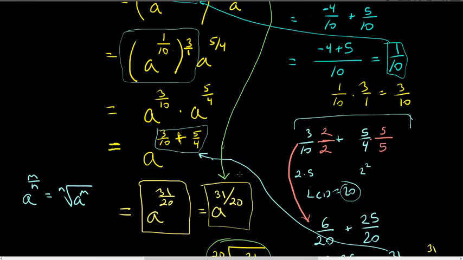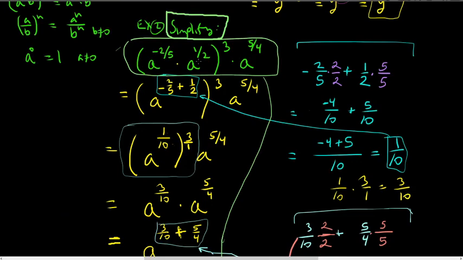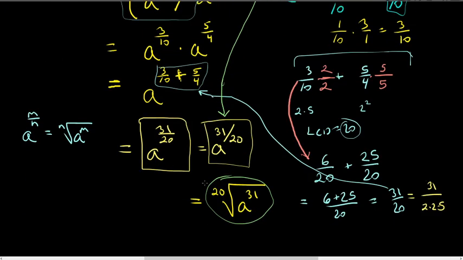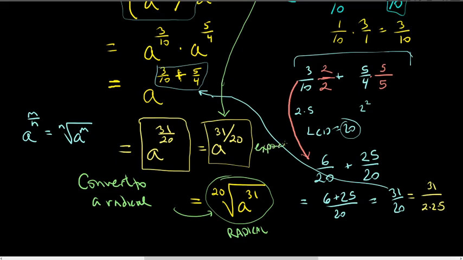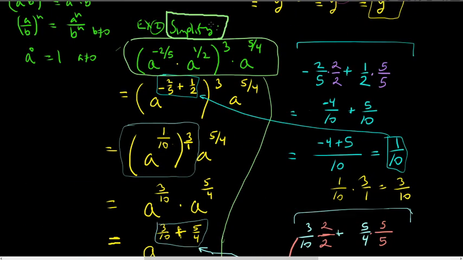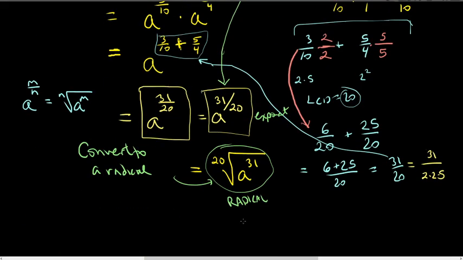This has an exponent because these had exponents. The question did not say to convert to a radical. If it did, then this would be your answer because this is in radical form. This is in exponent form. Because the question just said to simplify, we're just taking these exponents and rewriting them this way. It does not mean to convert to a radical. Okay?